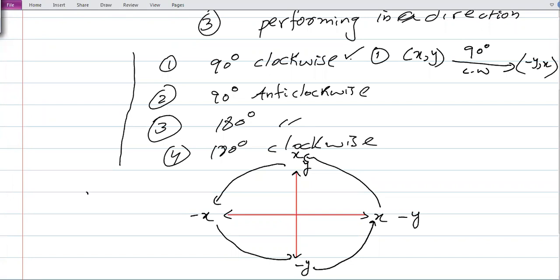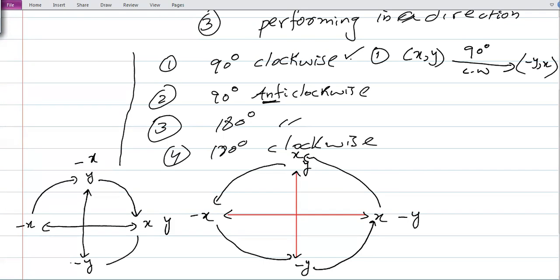Okay, let's take another scenario. The other scenario is, if this is x, this is minus x, this is y, this is minus y. Now if we do a 90-degree anti-clockwise, in that case what will happen? This will be here, meaning y will come here and this will go here.